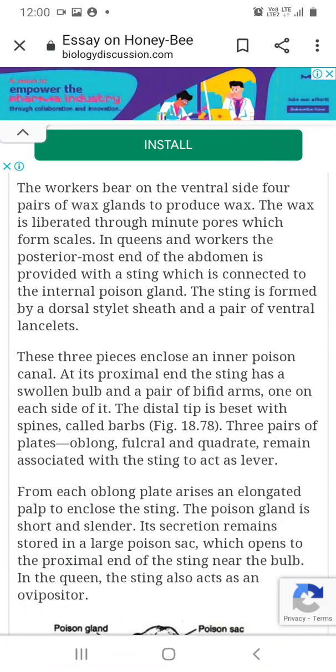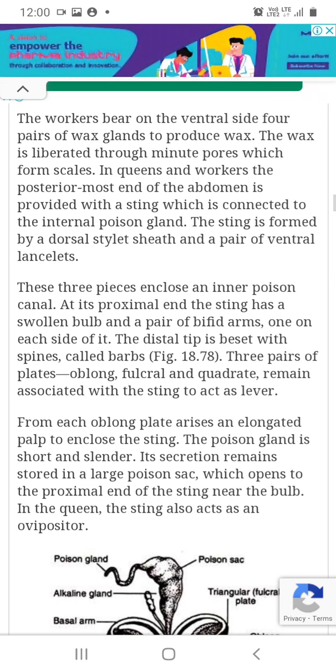Good morning, students. In this lecture, I will discuss the digestive system in honeybee. But before coming into the digestive system, I would just like to revise what we have studied about the sting apparatus.